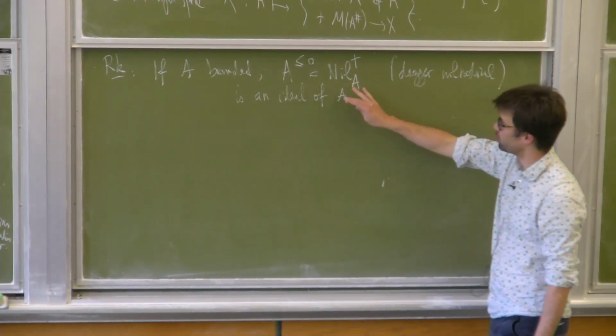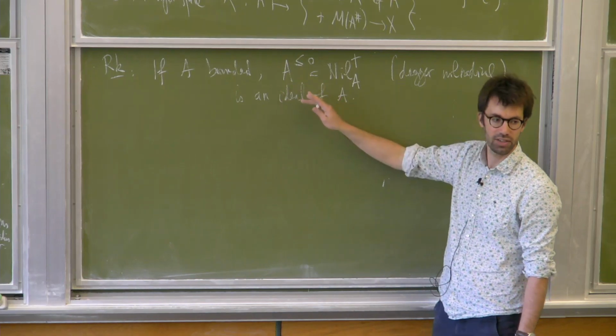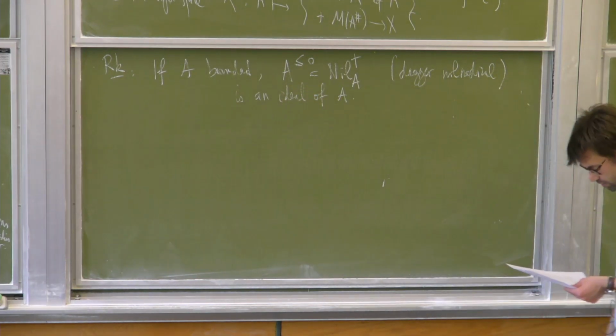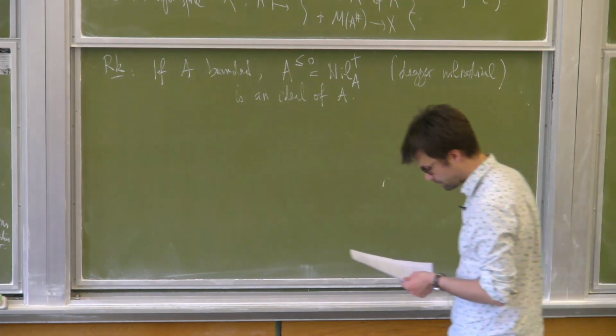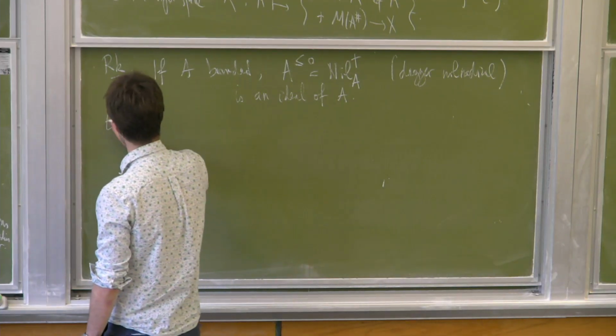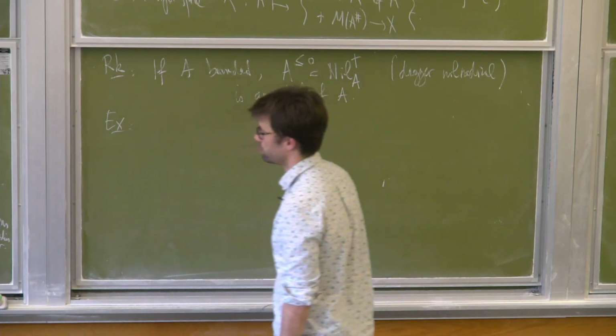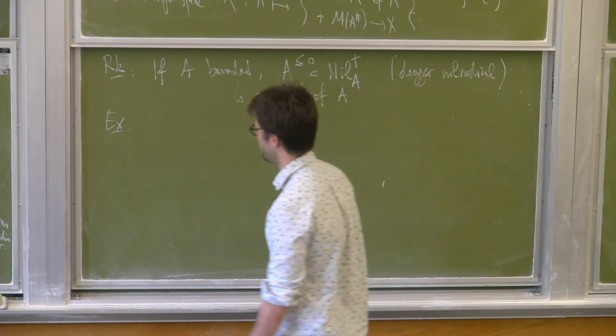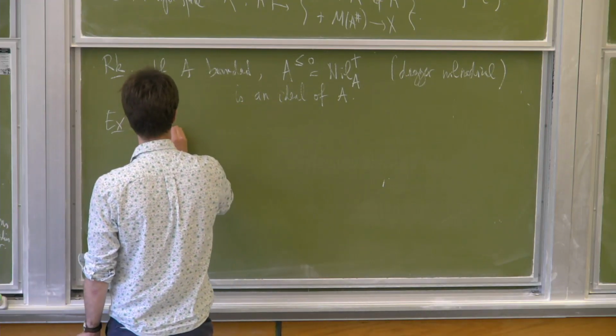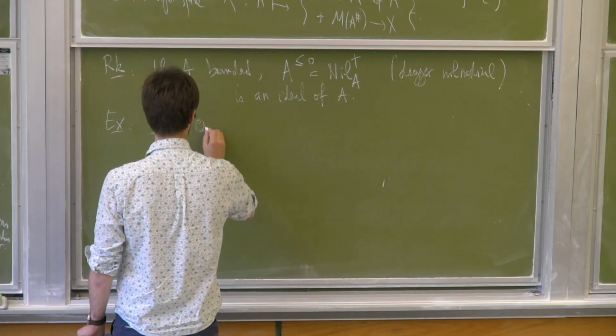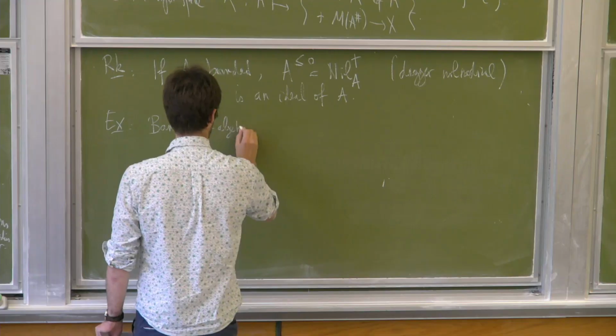And so in particular, if A is bounded, you can make sense of the quotient of A by its diagonal radical. And we will make use of this later today. So just some quick examples. Banach Qp algebras are Gelfand.